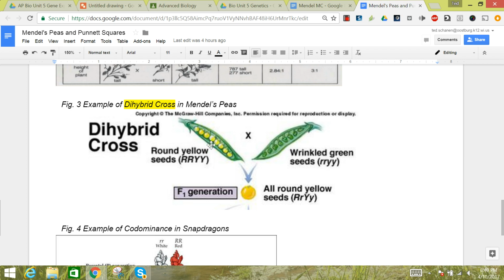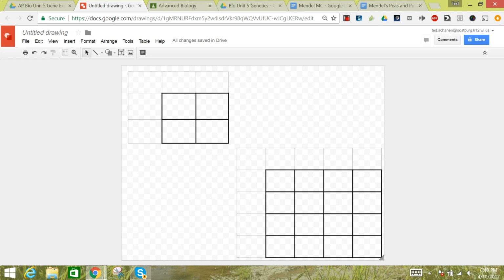And again, this would be our P, the parent purebred generation. When you mix these up, you end up with all heterozygous offspring. From that, you could breed down to an F2 generation. So again, let's take a look at what that looks like in a Punnett square.